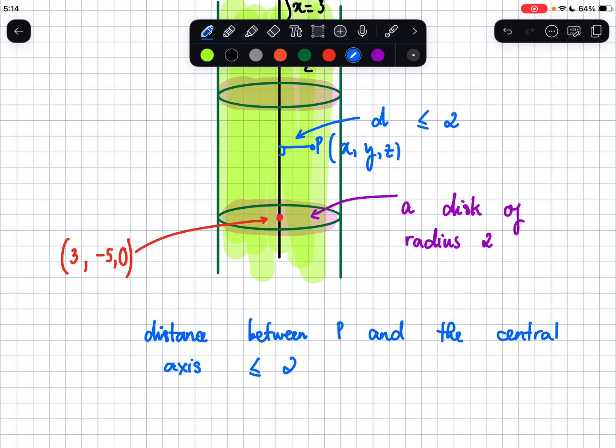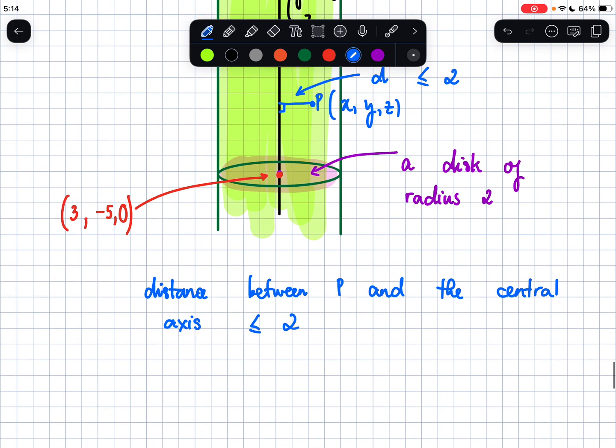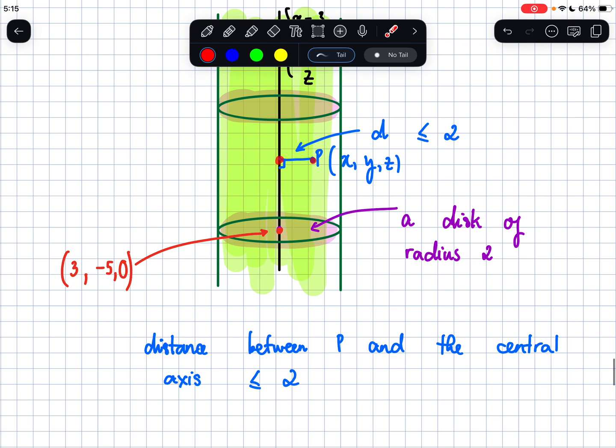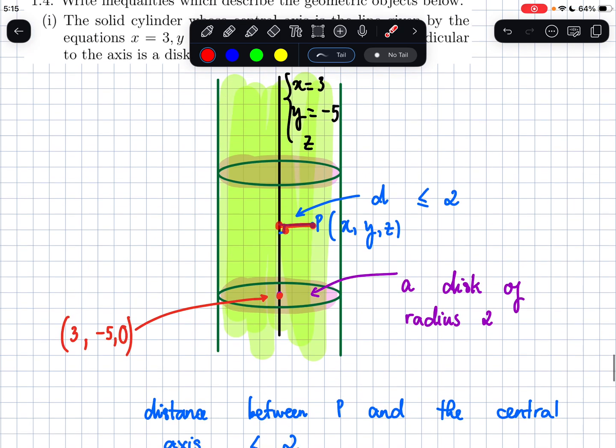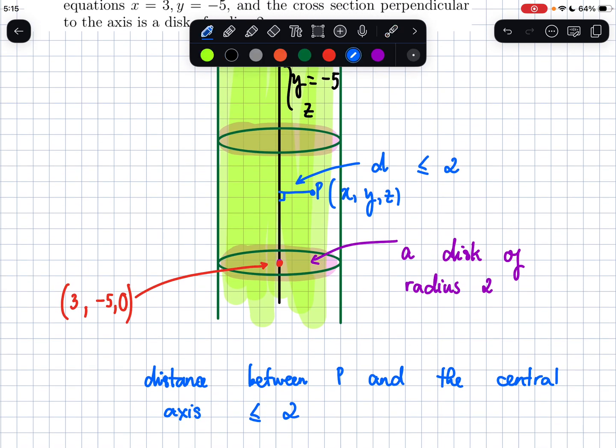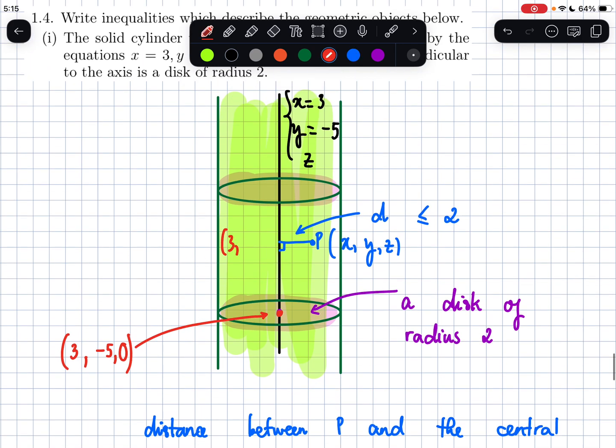is at most 2. The distance is the length between P and the perpendicular projection, and the point on the axis has the coordinates x equal to 3, y equal to -5, and z, whatever z is.